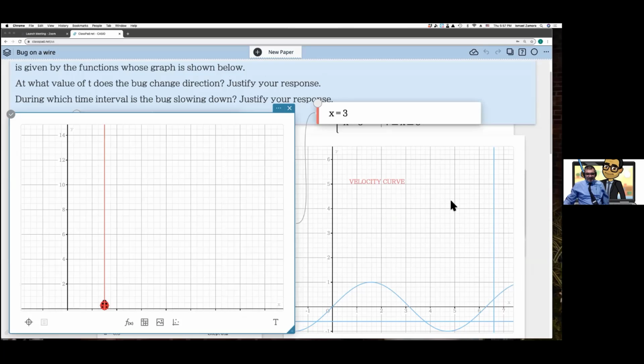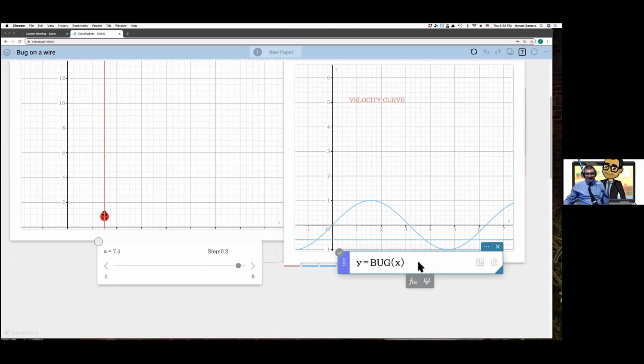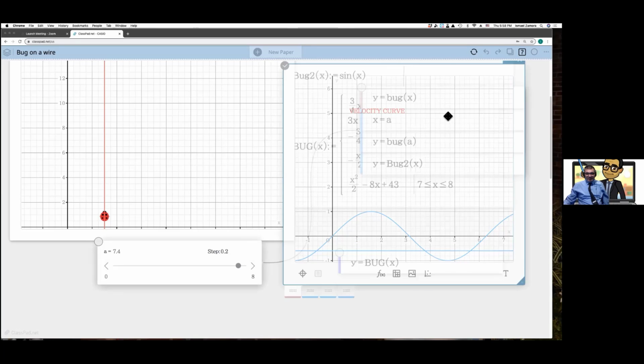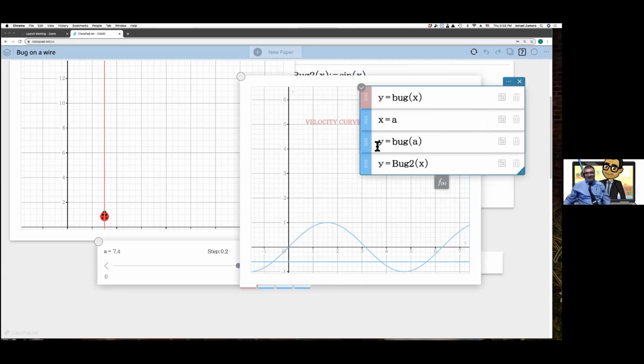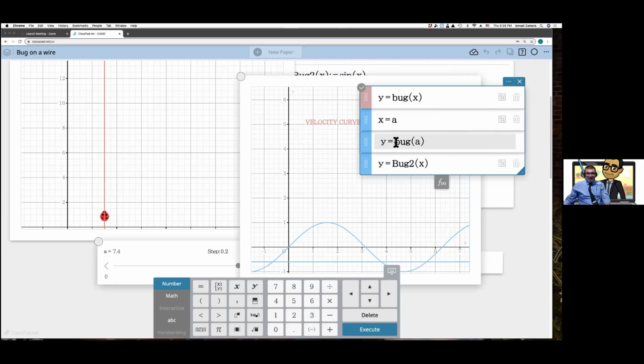So all right, now I got bug2 here, and I will press play. Oh, and I've got my wrong crosshairs. I'm going to pull up the correct crosshairs here. My crosshairs are bug2.